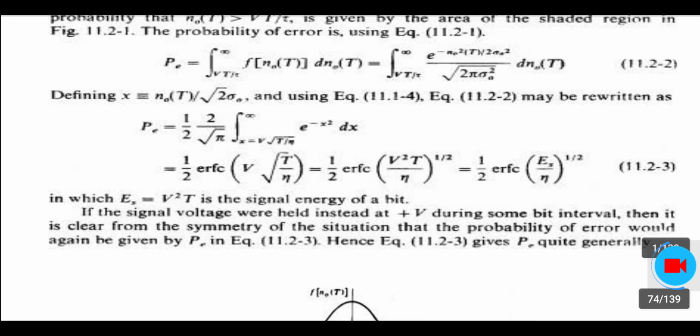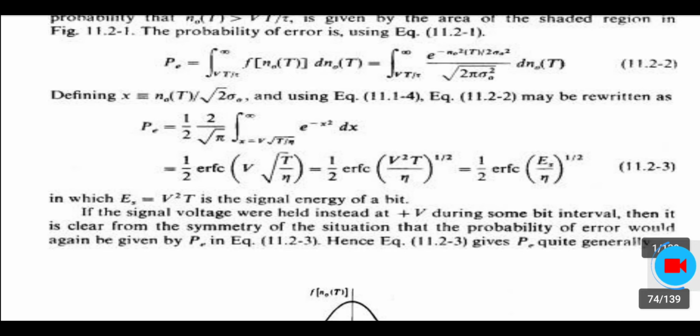And one more here, continuing: the error samples you can define simply as x equal to n naught of t by square root of 2 pi n. So this equation can be substituted into the above probability error equation.